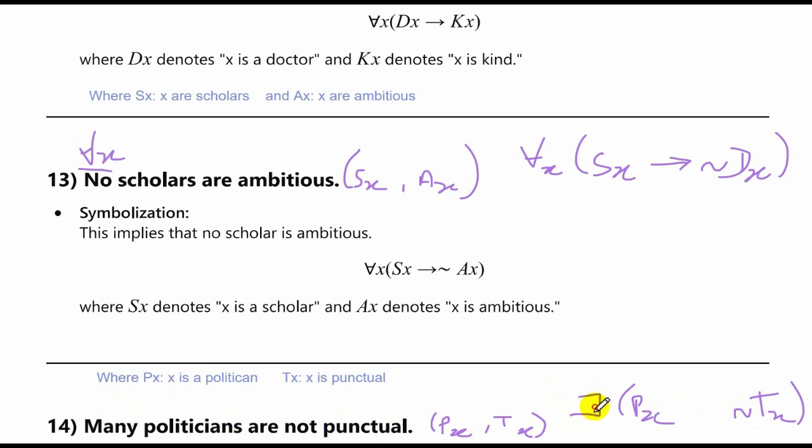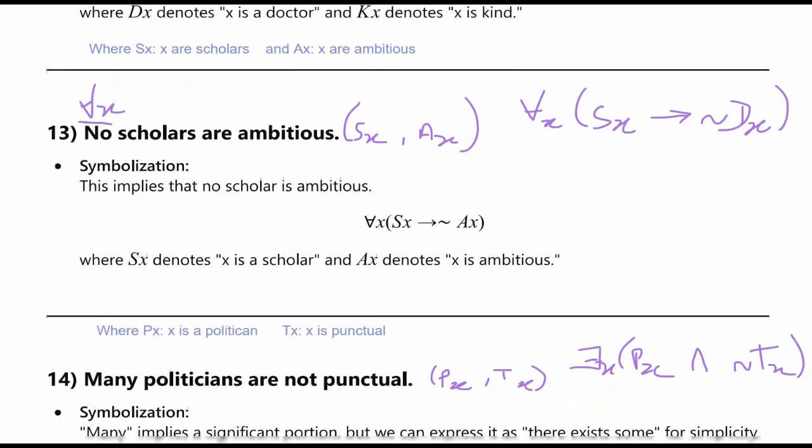So with the existential we have to use the and symbol, conjunction. Okay, so let's read and see if it is matching. There exists an x such that x is a politician and x is not punctual. Let's see if it matches.